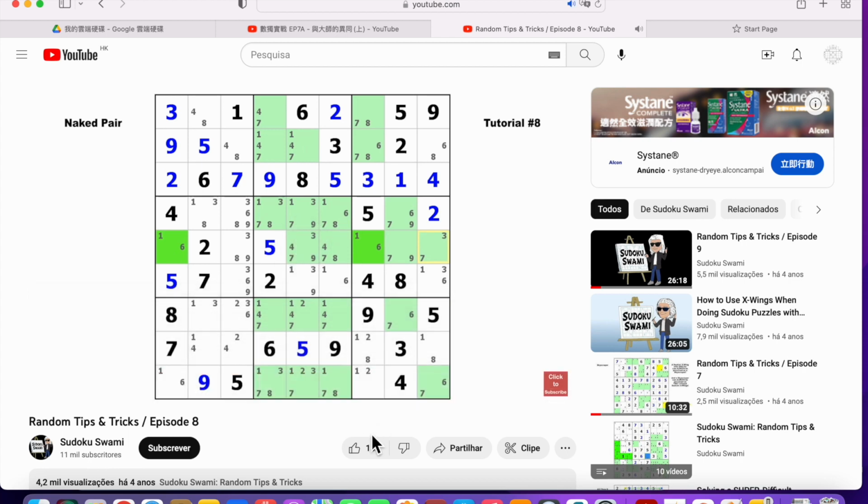And now that we've eliminated a lot of 6s, let's take a look at the filter for candidate 6. And you will see that we have a swordfish.